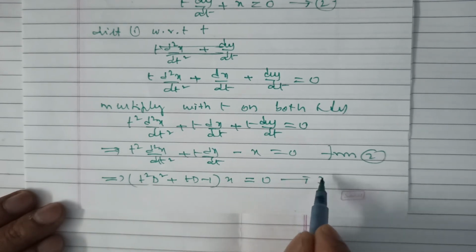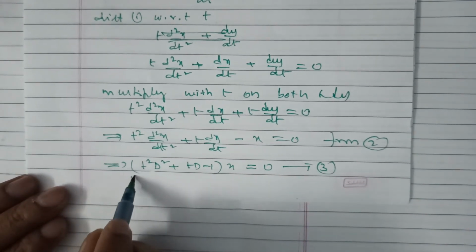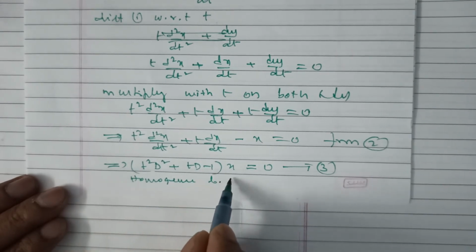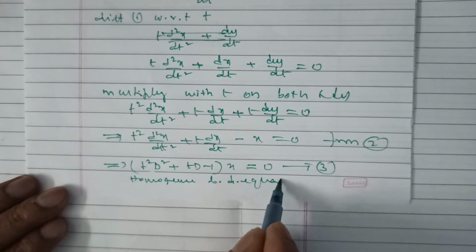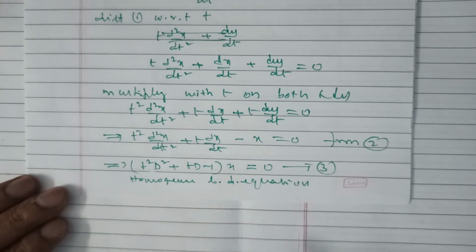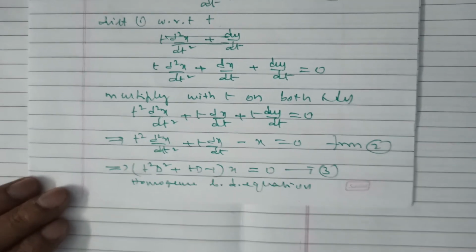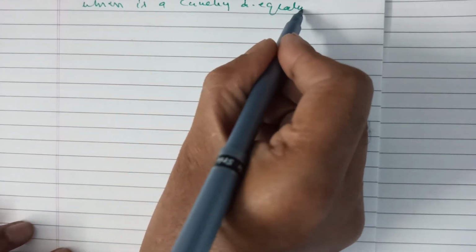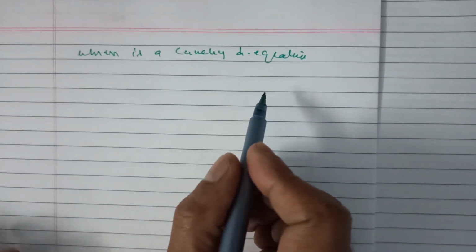Take this as equation 3. This is a homogeneous linear differential equation, so we have to know how it can be solved. It is a Cauchy's differential equation.